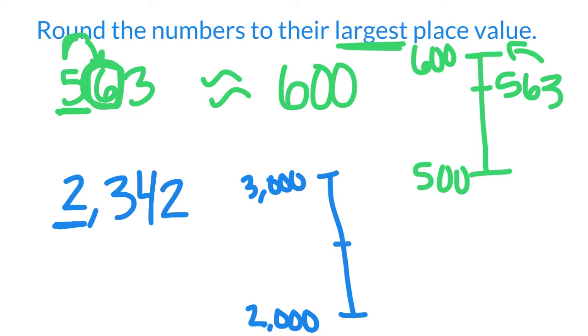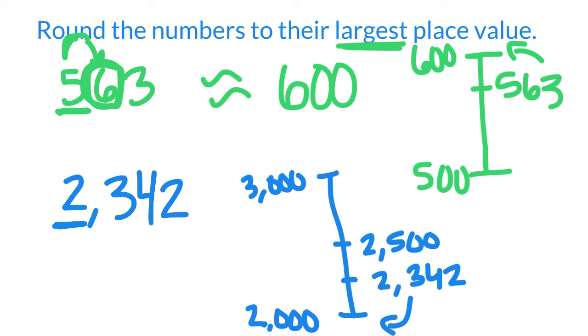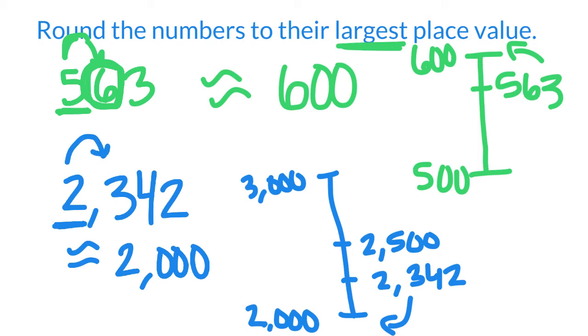I know that 2,500 would be in the middle. So our number, 2,300, would probably come in around here. And I can see that that is closer to 2,000 than it is to 3,000. So we rounded down. And you can confirm that by looking at the place value next door, which is a 3, which tells us to round down because it's less than 5.